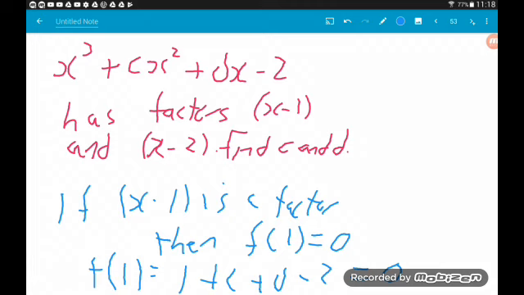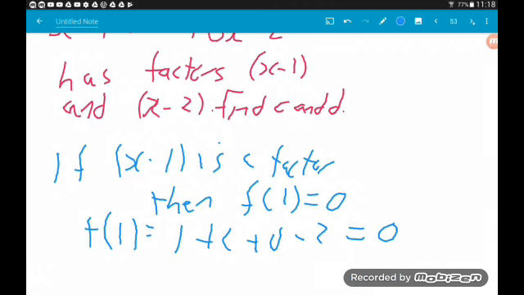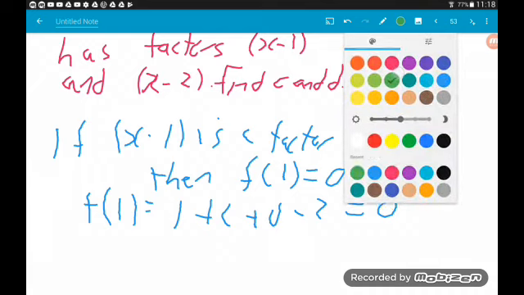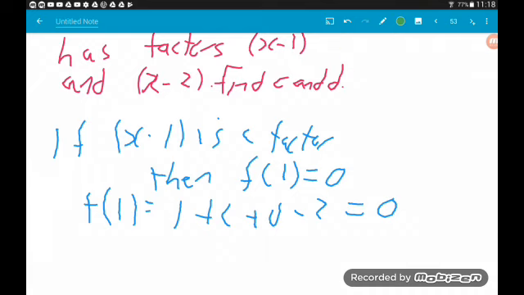Okay, so if we sort this out, 1 minus 2 is minus 1. So if we add 1 to both sides, we know c plus d is equal to 1. So there's our first equation in terms of c and d.